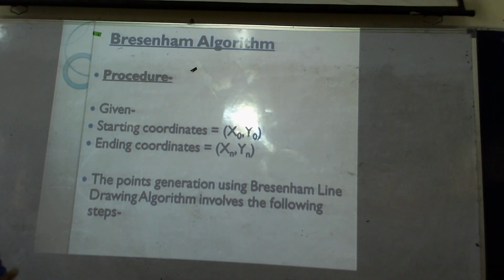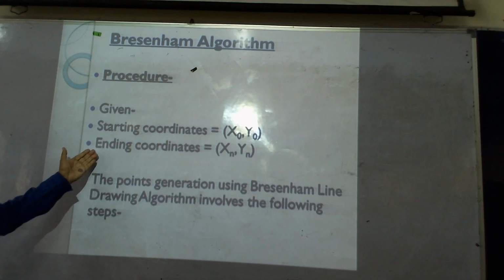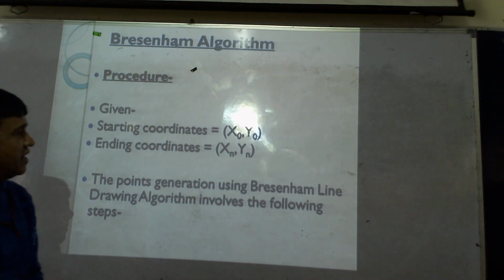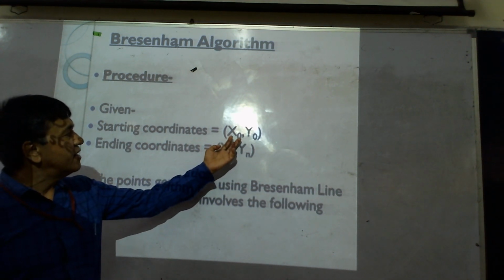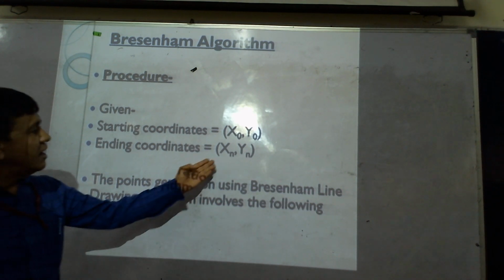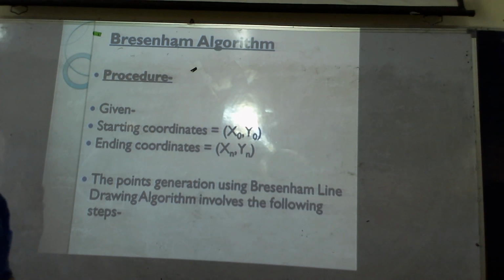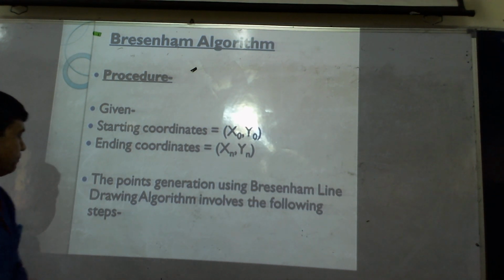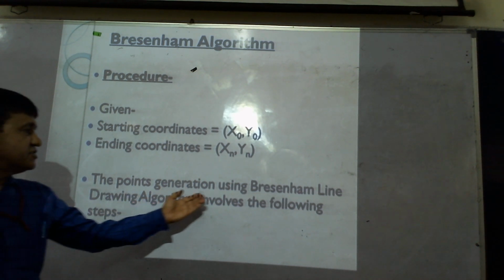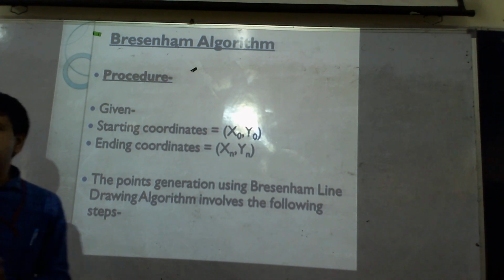We are given the starting coordinate and the ending coordinate, which we represent by x0, y0 as the starting coordinate, and xn, yn as the ending coordinate to draw the line. The point generation using the Bresenham line algorithm involves the following steps.